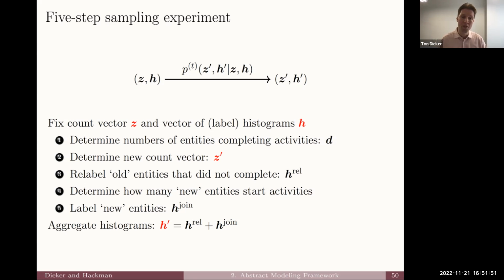And finally, in the fifth step, we label these entities that start their activity during this period, and that results in another histogram, which we call H_join. So the new histogram, or vector of histograms, is the sum of H_REL and H_join. On the next couple of slides, we're going to go through all the details of these 5 steps.